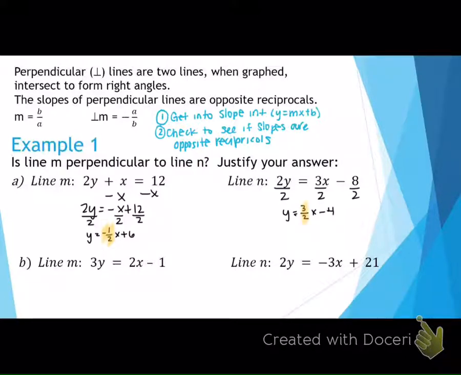So do we have perpendicular lines here? Are they perpendicular? No. It has to be two things. Are they opposites? Yes, they are opposites. They have different signs. One's positive, one's negative. So we said yes to one of them. Are they reciprocals? No, they're two different numbers. So it has to be yes to both of those things.